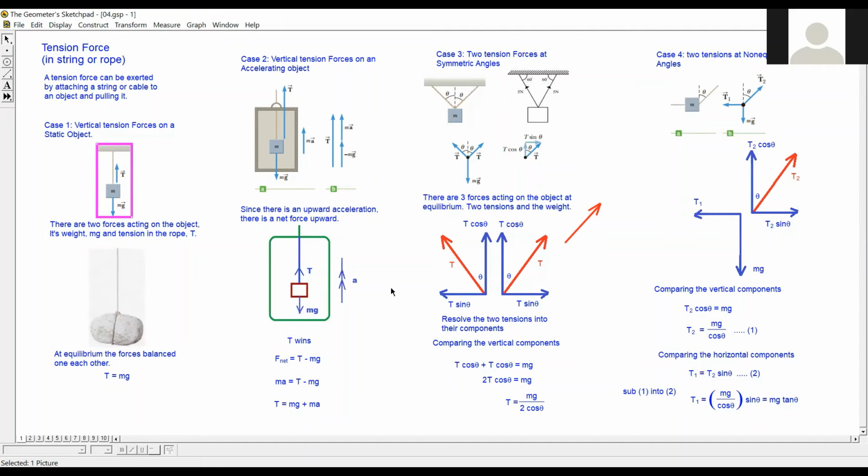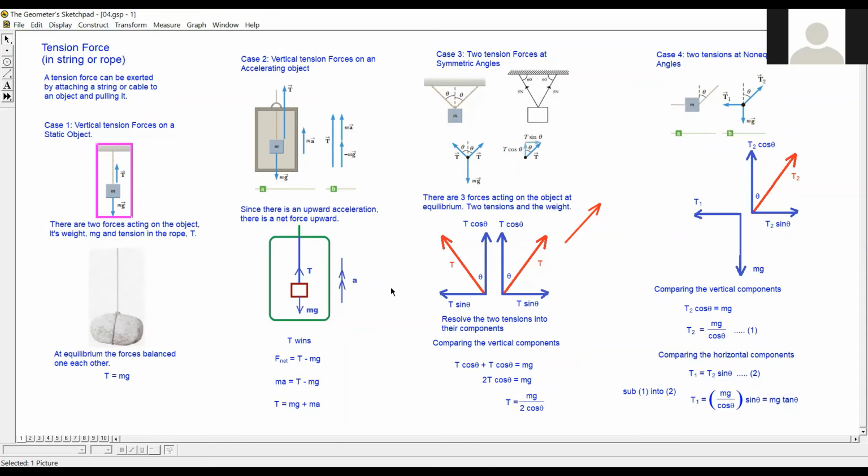Which one is bigger? T bigger or the mg bigger? What is your answer? Think. T, right? Yes, correct. T is bigger.